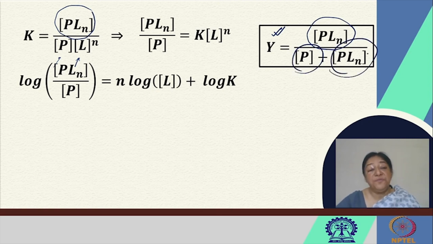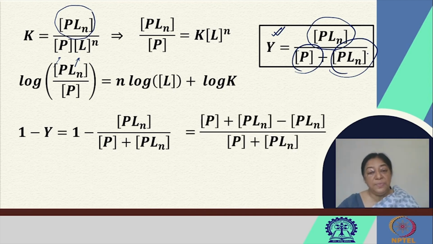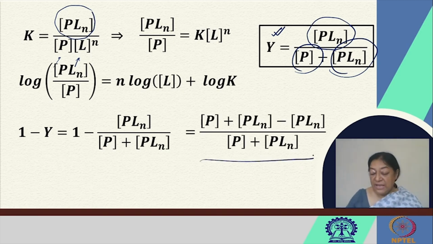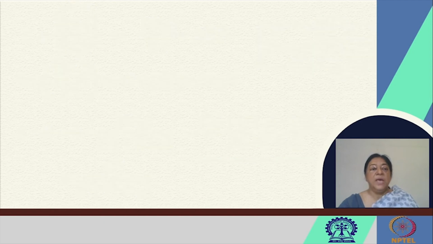So we get the fraction bound with the ligand, which is defined by our y. We can rearrange this equation to give us 1 minus y, and from that, with a bit of algebra, we determine that 1 minus y corresponds to the concentration of free protein divided by the concentration of free protein plus that bound to the ligand.